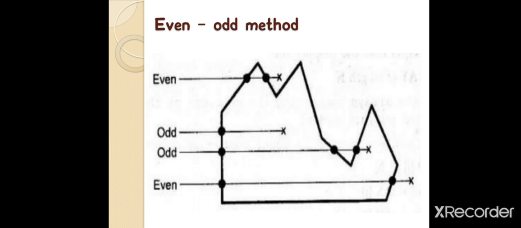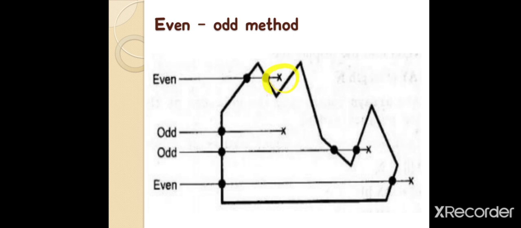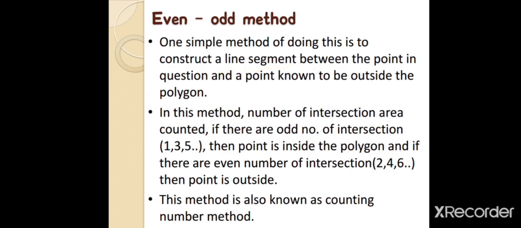First intersection, second intersection of this connected line with the polygon boundary. So our answer is 2, and we have to check whether it is an odd number or an even number. 2 is an even number. If it is even, then the point is outside. So here we can say the point is outside by making use of the even odd method.